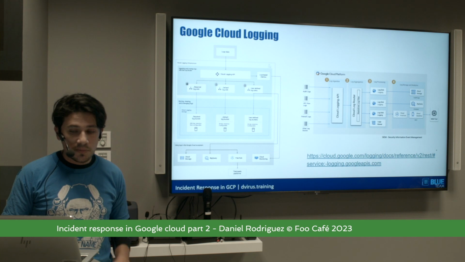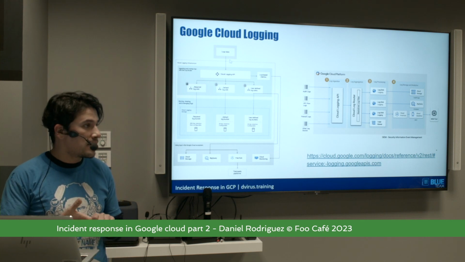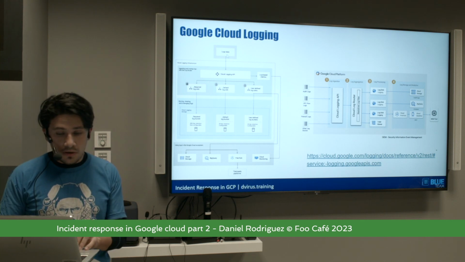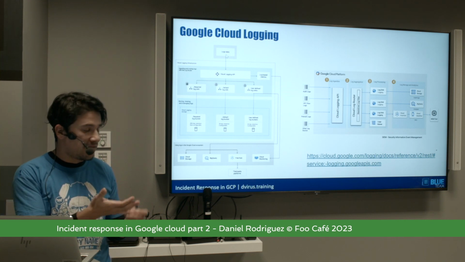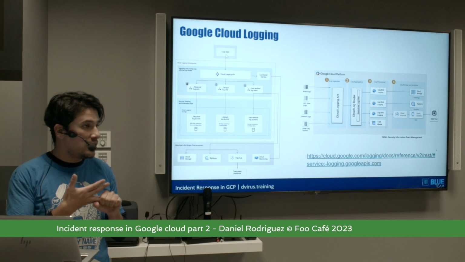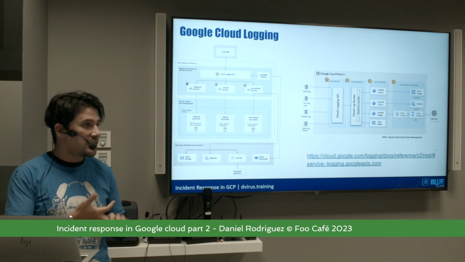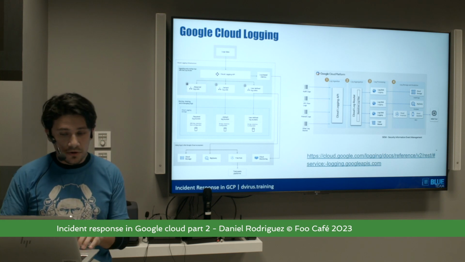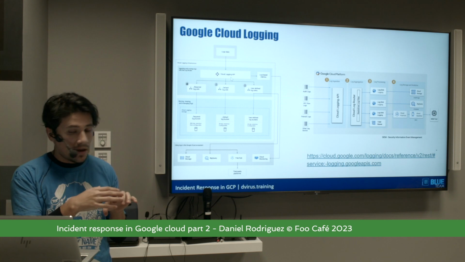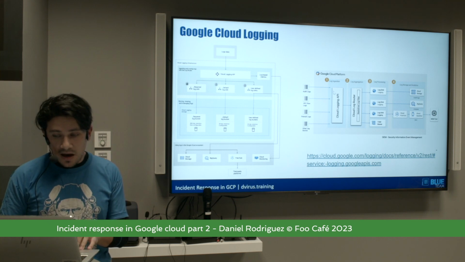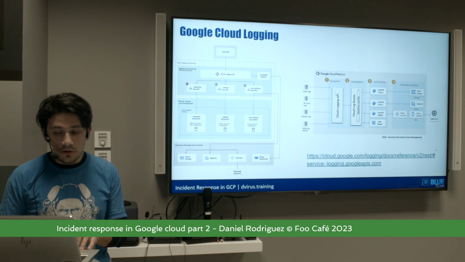First, I will explain how the logs work in Google. We have log data that can be generated by the firewall, by a virtual machine, by a database, or any other resource. And there's a Cloud Logging API. This API takes all of this data, and this is what we call log ingestion.